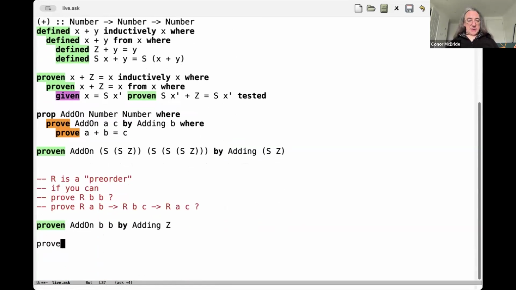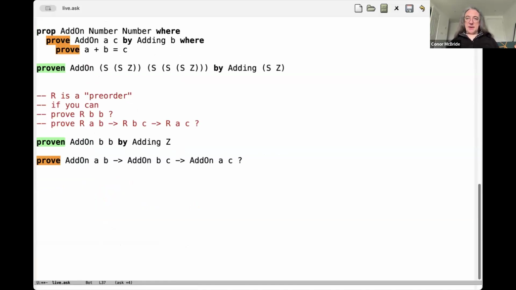Okay, what's next? We want to prove that if we add on A, B, and we add on B, C, then we get add on A, C. Okay. So we've played variants on this game before.